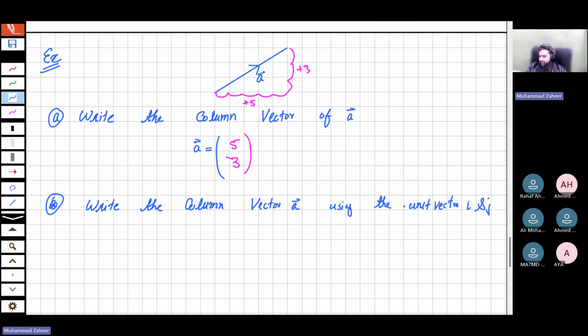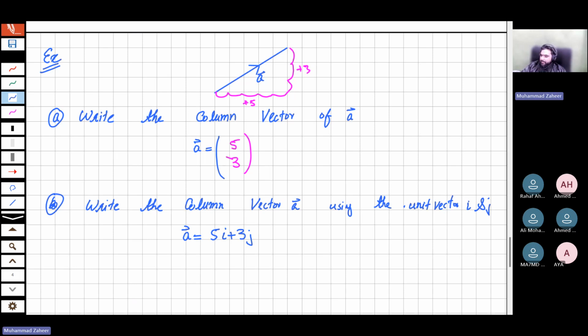That will be equal to 5i and minus 3j. Why minus? It is positive. Oh, yes, sorry, positive 3j. Positive 3j.